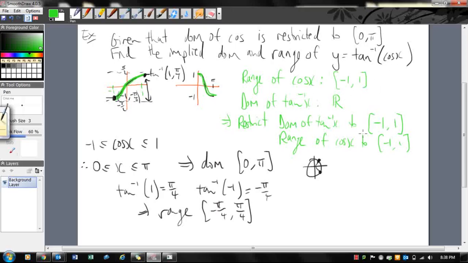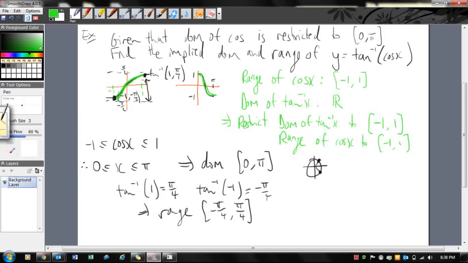Once you've overlapped them and come up with the domain and range that you're restricting to, then maybe sketch it on the graph and have a look at that. For the domain, you're looking at the inside function to be defined. In this case, cos x was the inside function. Where is that defined? Well, from 0 to pi. That's where the x values are defined, and that gives you your domain.